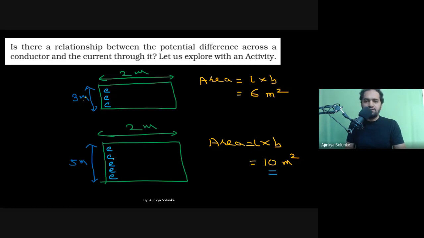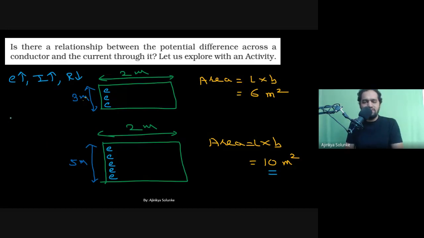Correct? So if more electrons are there, can I say current will be more? If more electrons, more current, less resistance, because if the current is more, resistance would be less. So resistance is less. Then what kind of relation are we saying?